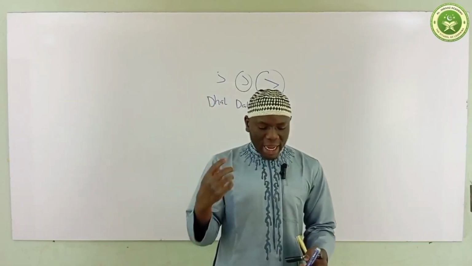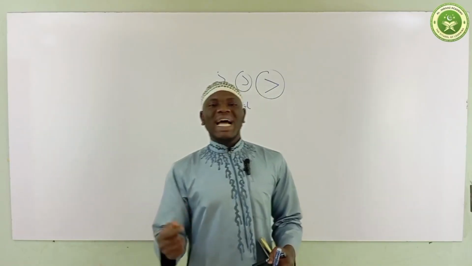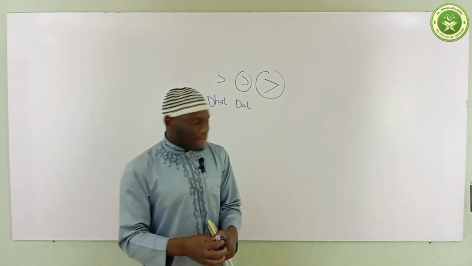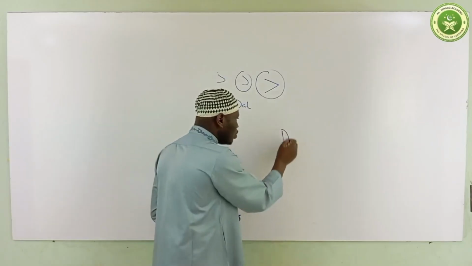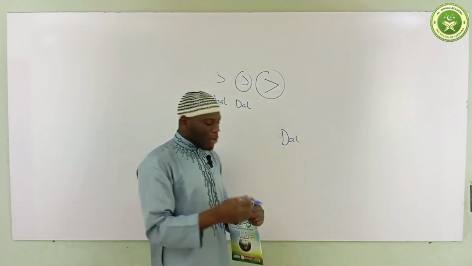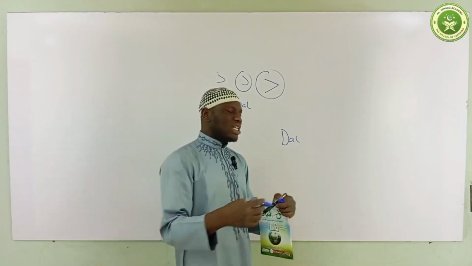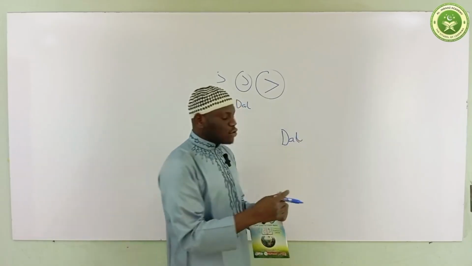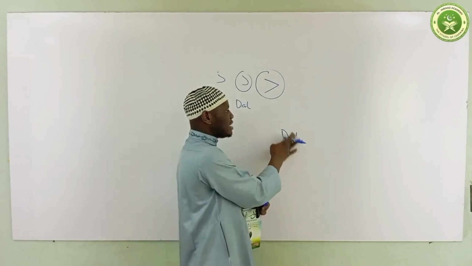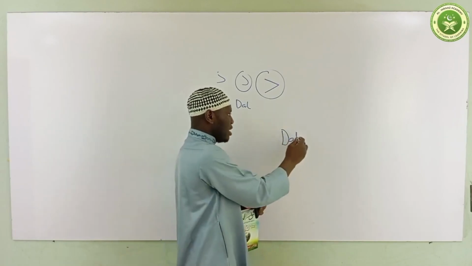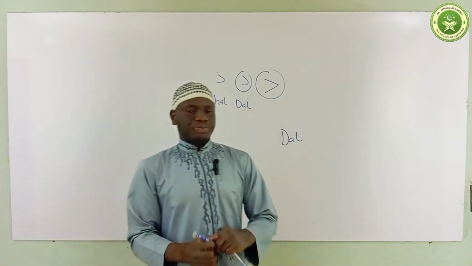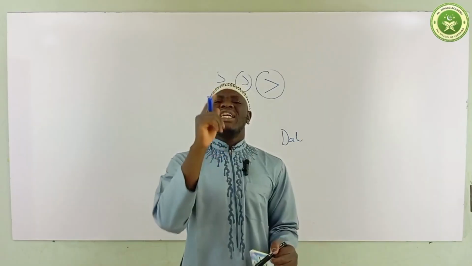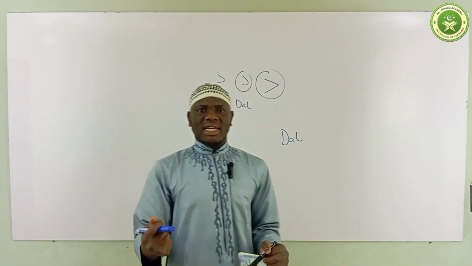At times, if you are not careful, it will sound as if it is just D-A-L. Yes, we know D-A-L, but there are some things we cannot just spell in the English language. If you spell it, it will not give you what you really want in Arabic. So you have to understand the Arabic and get a good teacher that can explain certain things to you.